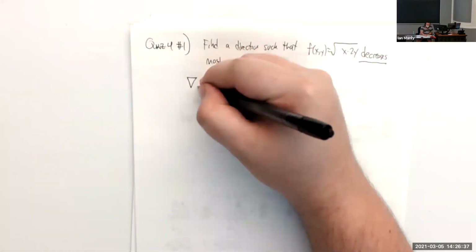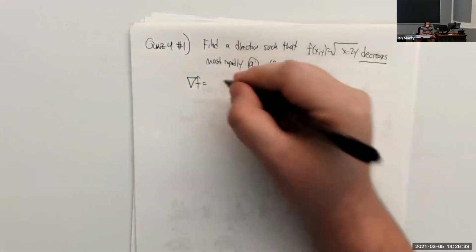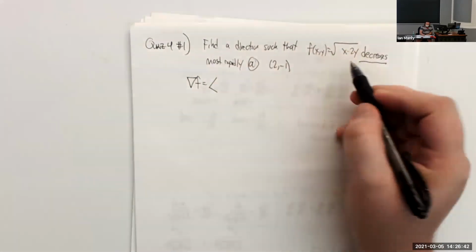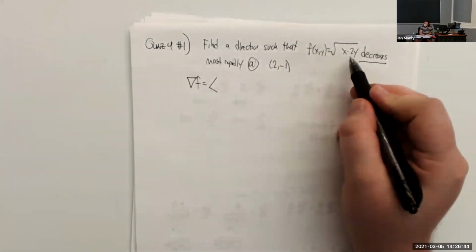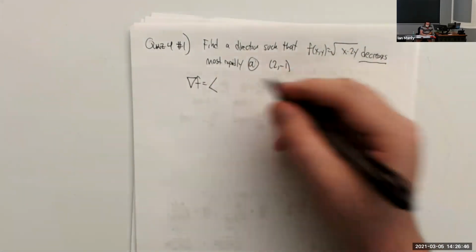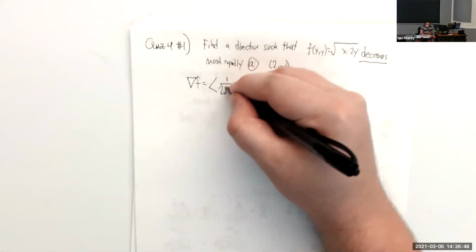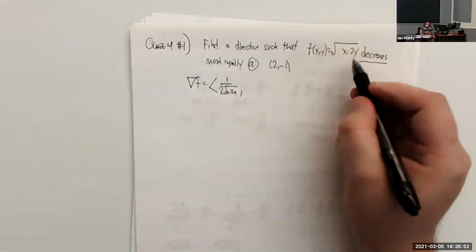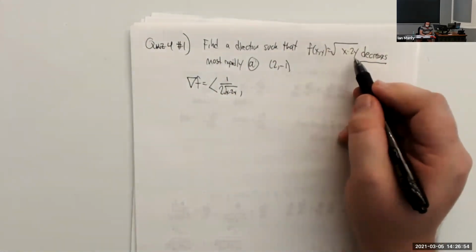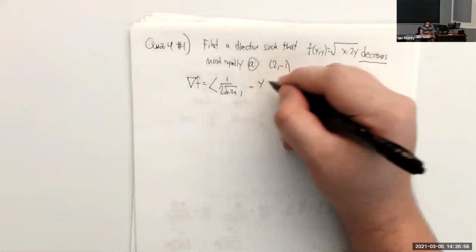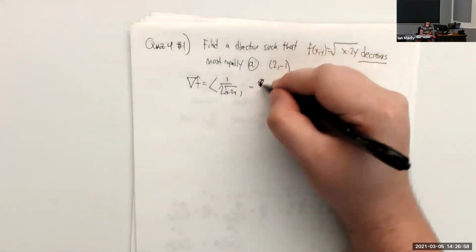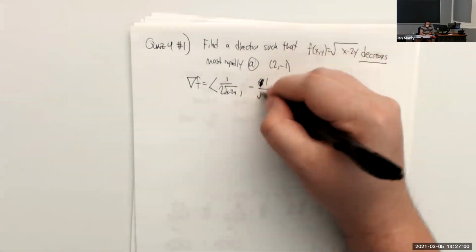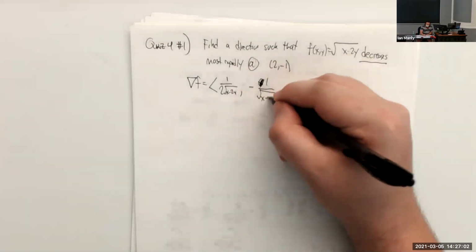Okay. So let's just find our gradient and then we'll negate it. The x derivative of this is going to be 1 over 2 root x minus 2y. And then the y derivative of this will be negative 1 over the square root of x minus 2y.